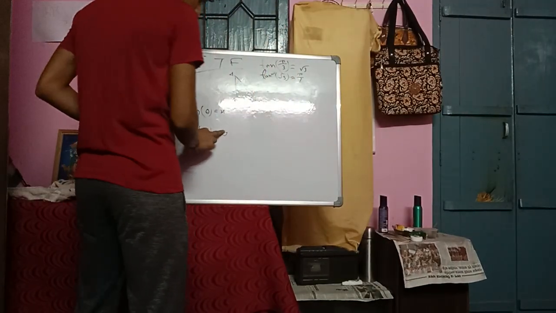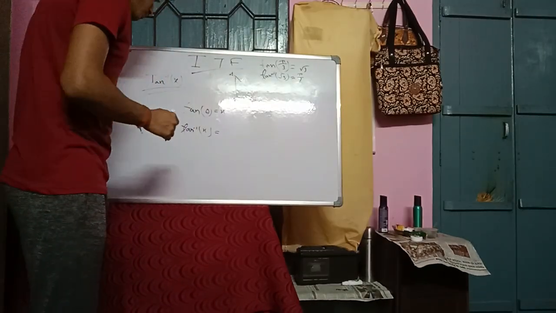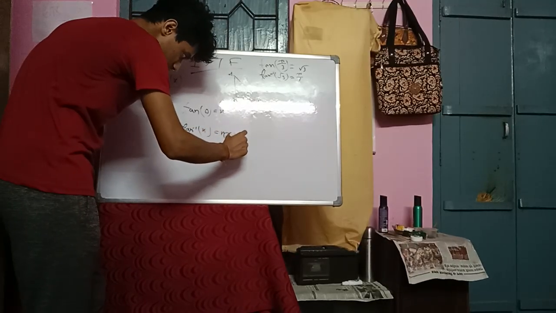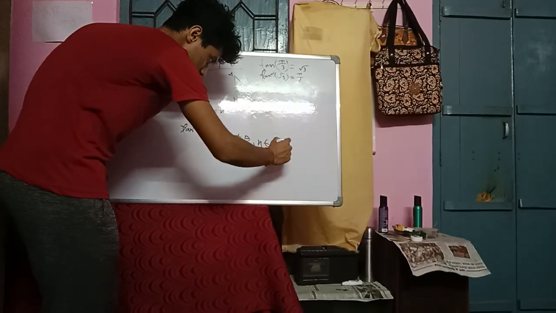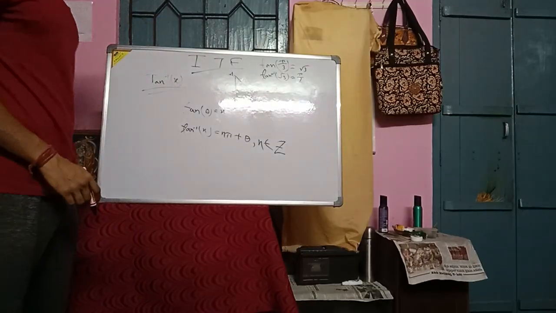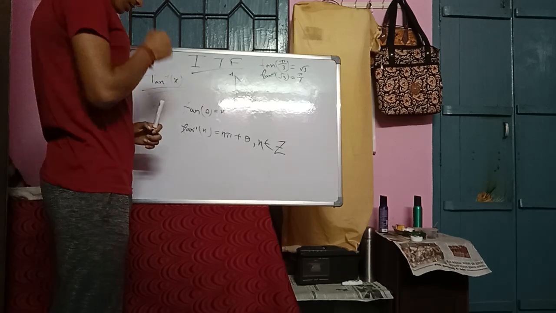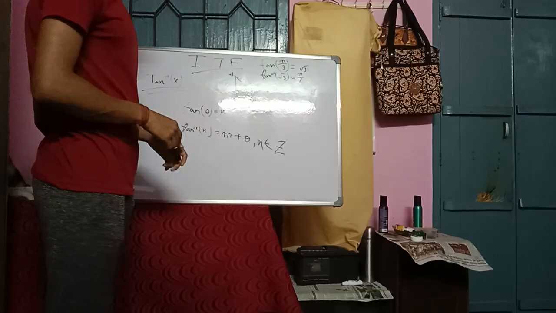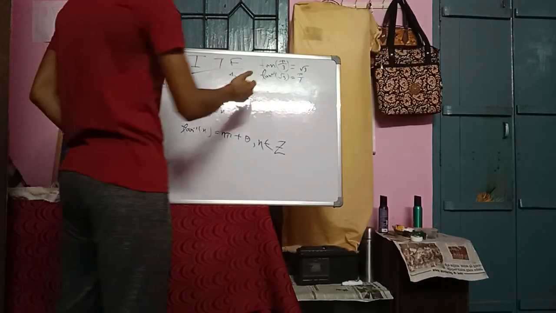So how does the general formula of tan inverse x look like? It looks like n pi plus theta, where n belongs to the set of integers. Here you can put different values of n and find different possible values of this tan inverse function.